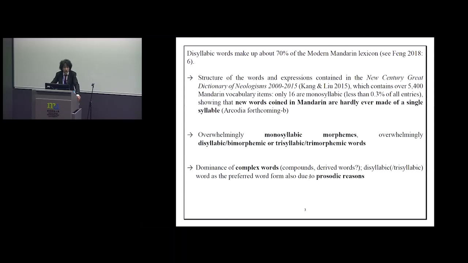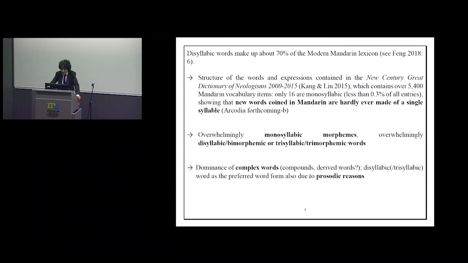So basically, new monosyllabic words in Mandarin are extremely, extremely rare. So the lexicon is clearly going towards the dominance of disyllabic or, to a lesser extent, trisyllabic, trimorphemic words, and clearly the dominance of complex words, be they compounds or derived words, depending on the definition you give of this.